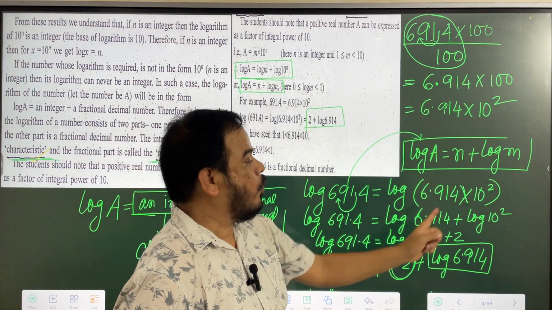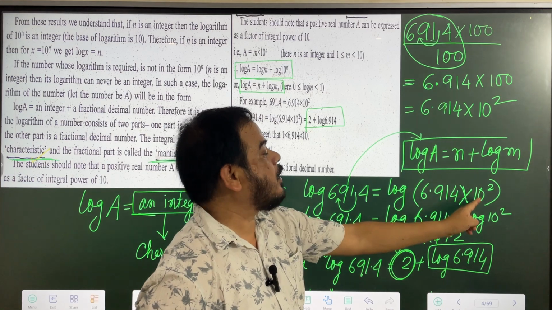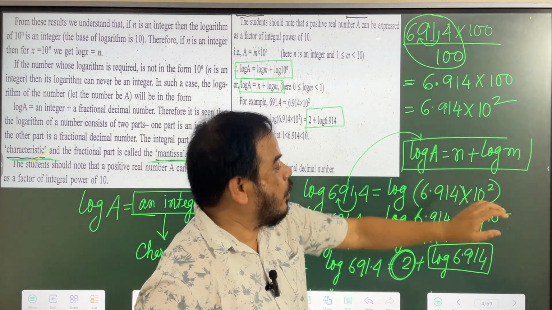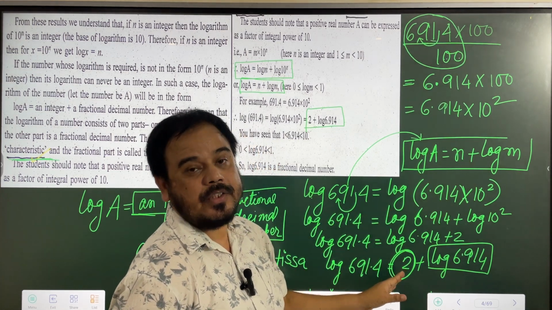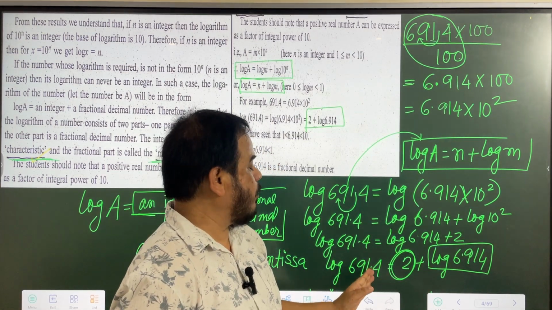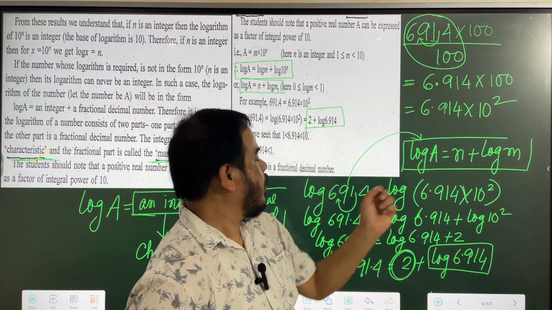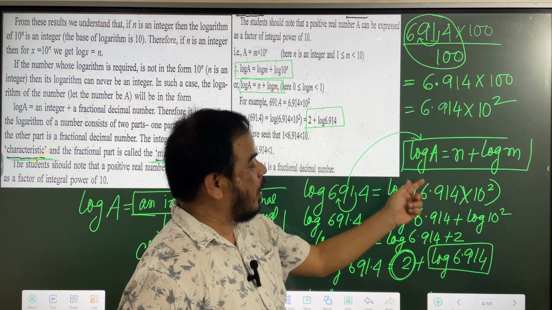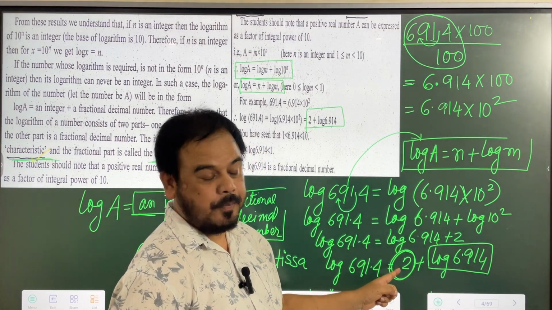When will we get 3? When we get 10 cube. When will we get minus 2? When we get 10 to the power minus 2. So whatever the power of 10 is, that is related to the characteristic. Log 691.4, its characteristic is 2 because there is 10 square. When we converted this number into standard form, we got 10 square here. So we get characteristic 2.